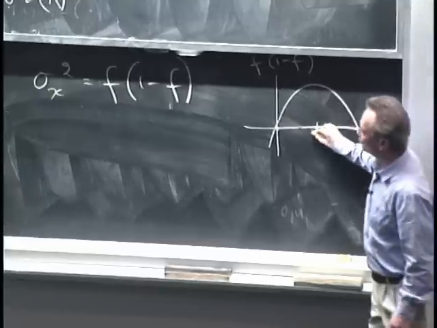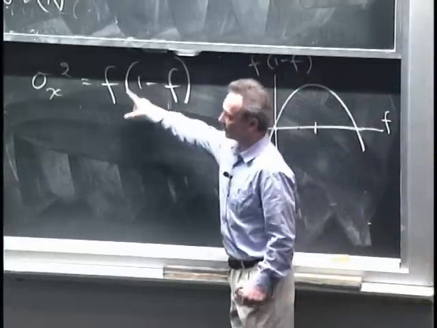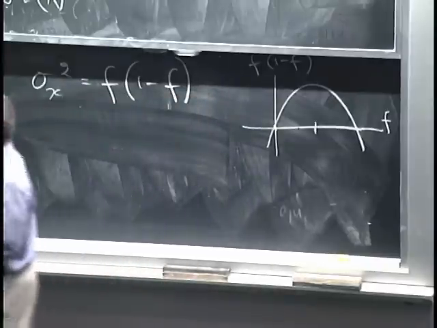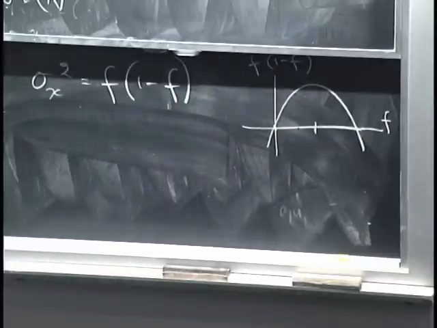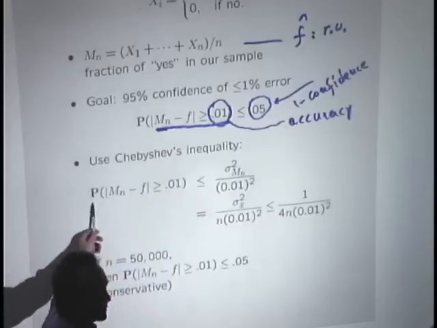And when f is 1/2, then this variance becomes 1/4. So I don't know sigma x squared, but I'm going to use the worst case value for sigma x squared, which is 1/4. And this is now an inequality that I know to be always true.